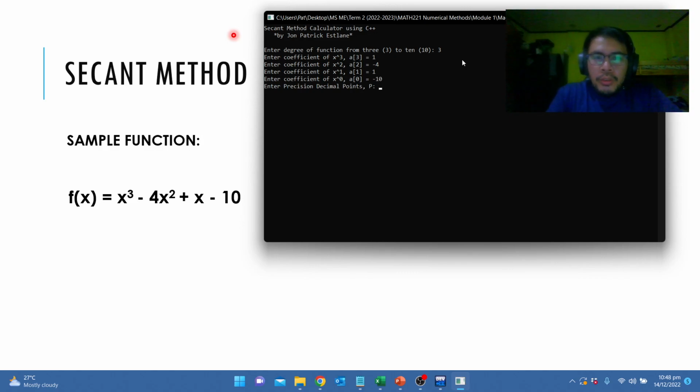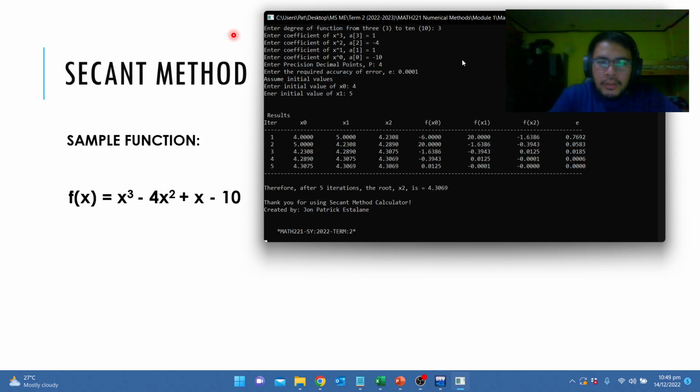For precision, we're going to use four decimal places. And let's use an error of 0.001. The initial values will be 4 and 5.